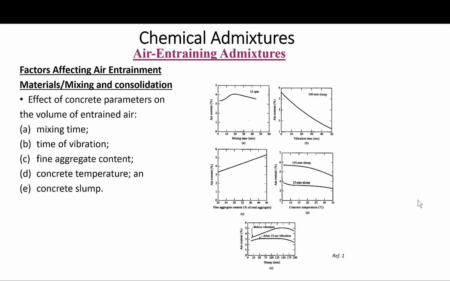The variety of surface active agents present in commercial admixtures means that job conditions may have different effects on the different admixtures. Again, testing is key. As you can see here, almost every property or parameter of the concrete affects the air-entraining admixture dosage.